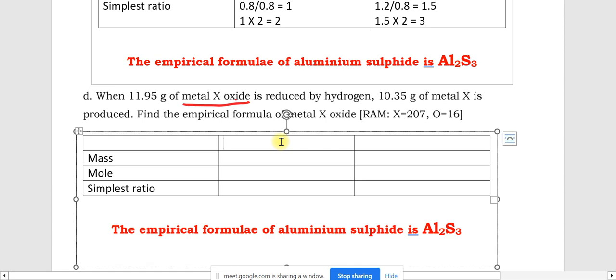Okay, X put here, oxygen put here. But look, the metal X oxide is 11.95 combined. Of that, the metal X alone is 10.35. Then you minus, 11.95 minus 10.35, 1.6.